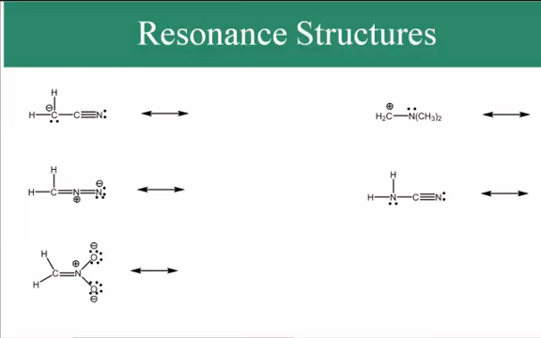Let's have a look at this first structure right here. You can see that we've got a couple of lone pairs of electrons, right here and right here. We also have some pi electrons right there. That's what we're going to want to be moving around. I want you to notice I really can't move a pair of electrons from the pi bond towards the adjacent carbon.